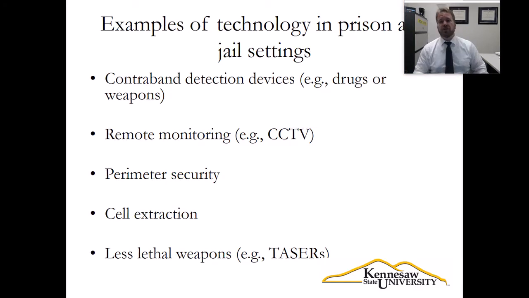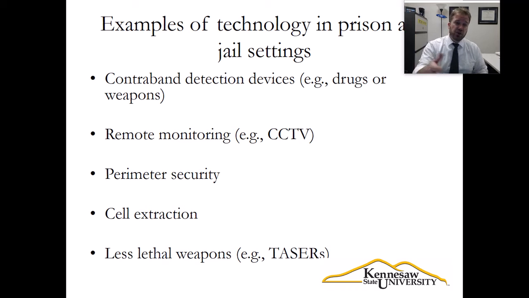But make sure that you go through and read them. So, looking at examples of prison technology in a prison and jail setting, there's very different types of technology. Some of you might have already thought about different types of technology and how they might be used in prisons. And so there's different types of contraband detection devices for finding drugs and weapons, as well as cell phones.